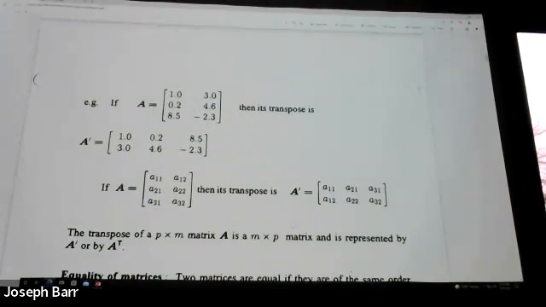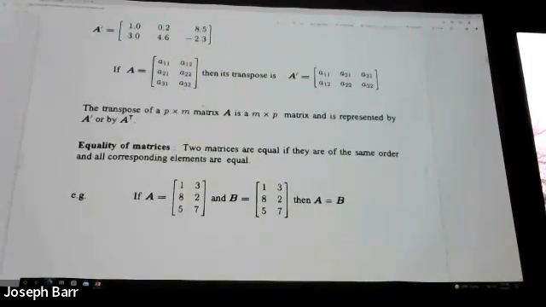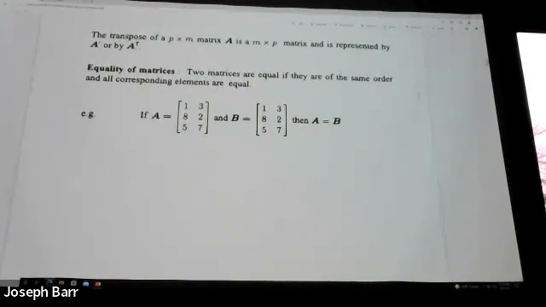The second row here is the second column here. And the order, or size, is different: originally it is 3 by 2, and after transposing it is 2 by 3. We use A prime or A^T, where T means transpose, to show a transposition.